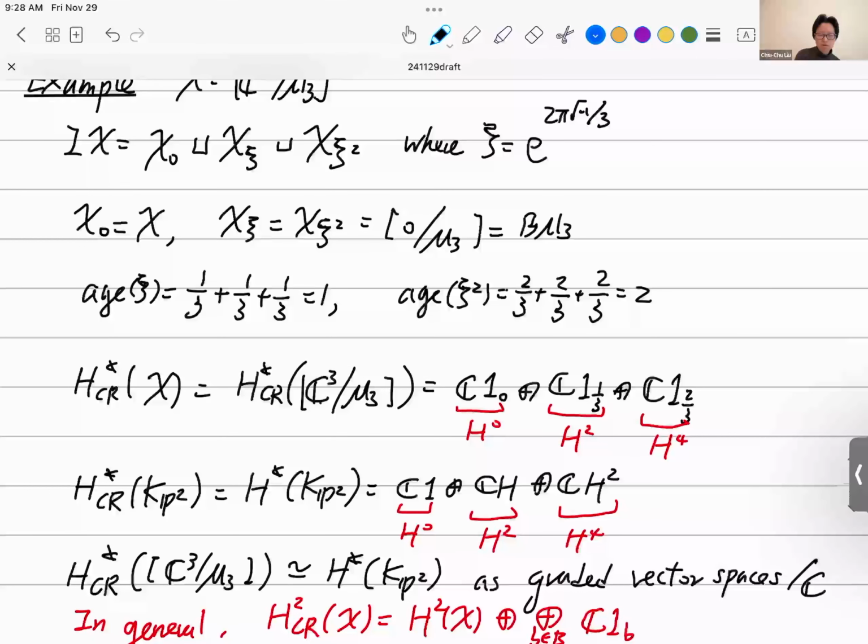But the Chen-Ruan cup products, which we are not going to use, are not isomorphic. But as graded vector spaces, they are isomorphic in general.